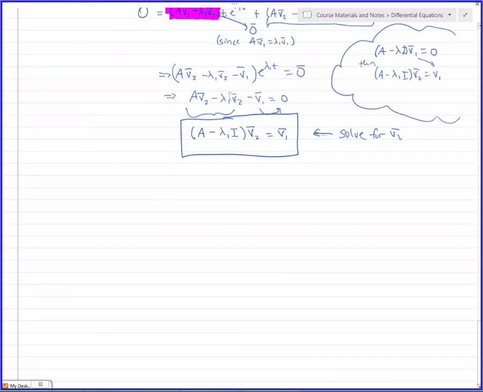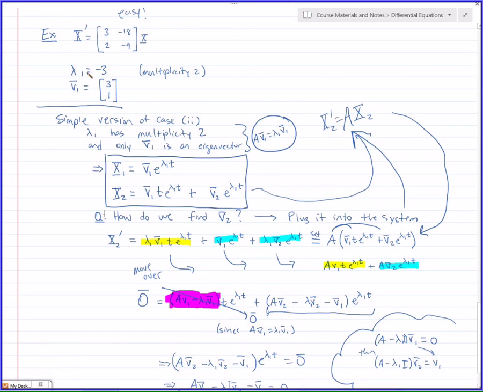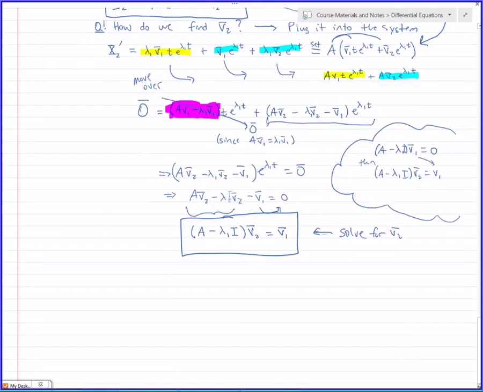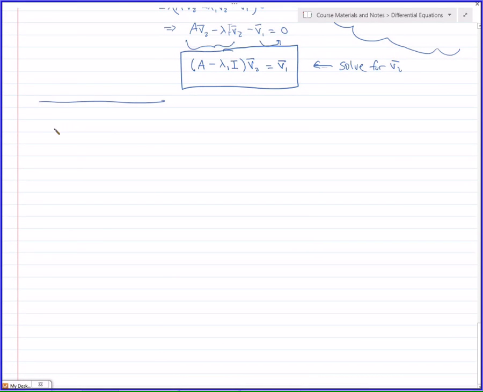So above, I'll go and scroll up, our lambda 1 was negative 3, our v1 was (3, 1). So we have lambda 1 is negative 3 and v1 is (3, 1). Okay. And by the way, A is, just for reference, [3, negative 18; 2, negative 9].